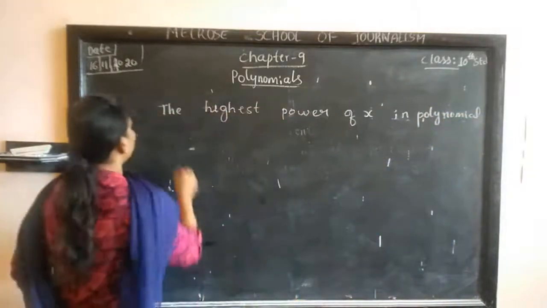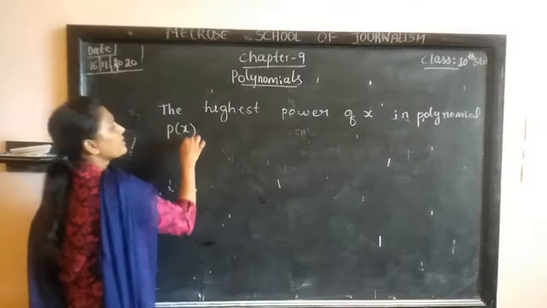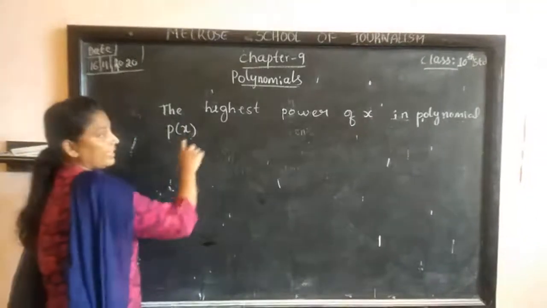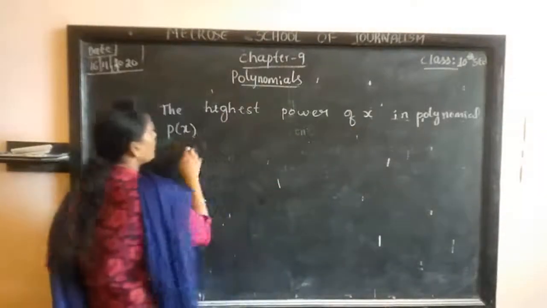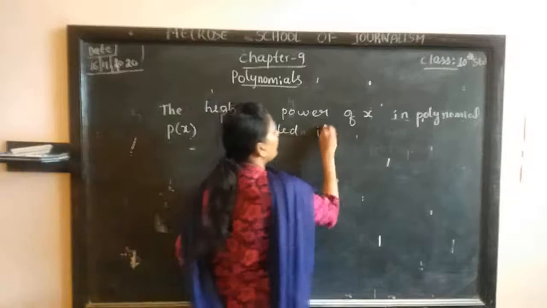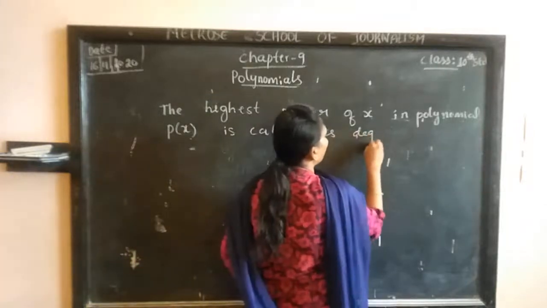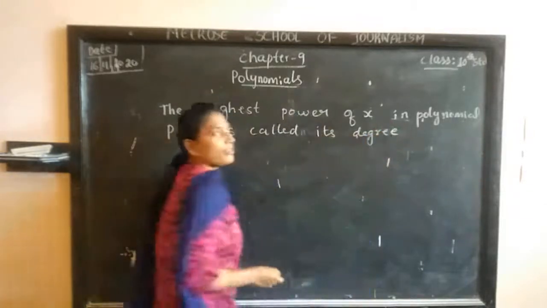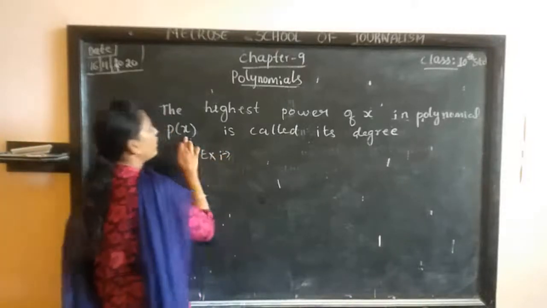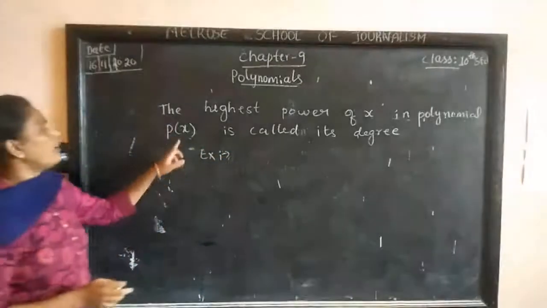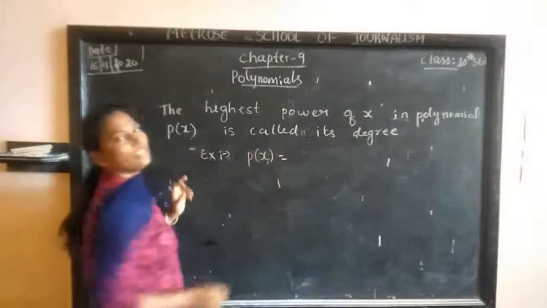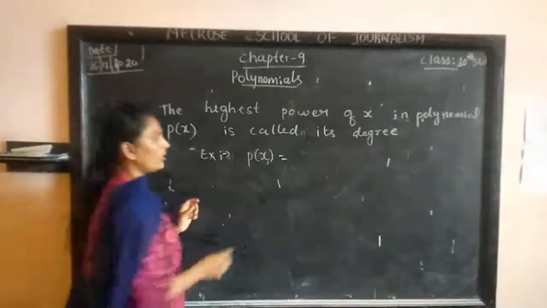So the highest power, taking p of x. Why am I taking p of x? Because that polynomial contains only the variable x.